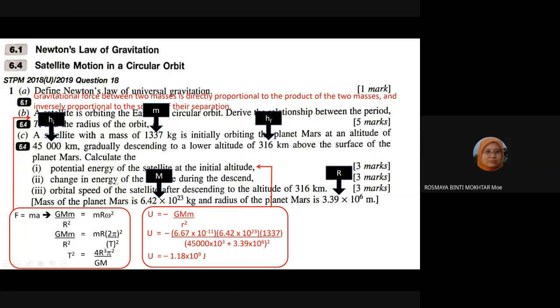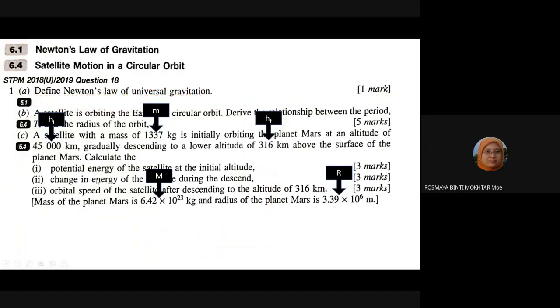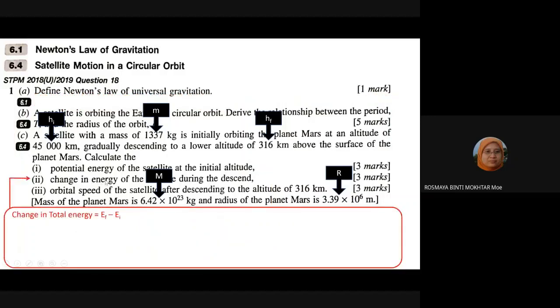Calculate the change in energy of the satellite during the descent. So, change in energy. The word change in means final minus initial. So the energy we use here is total energy, kinetic and potential.